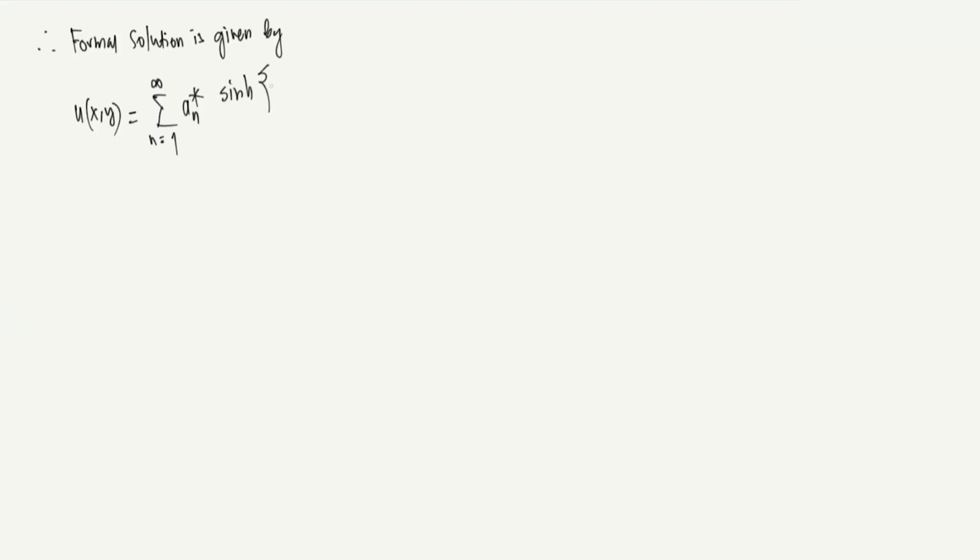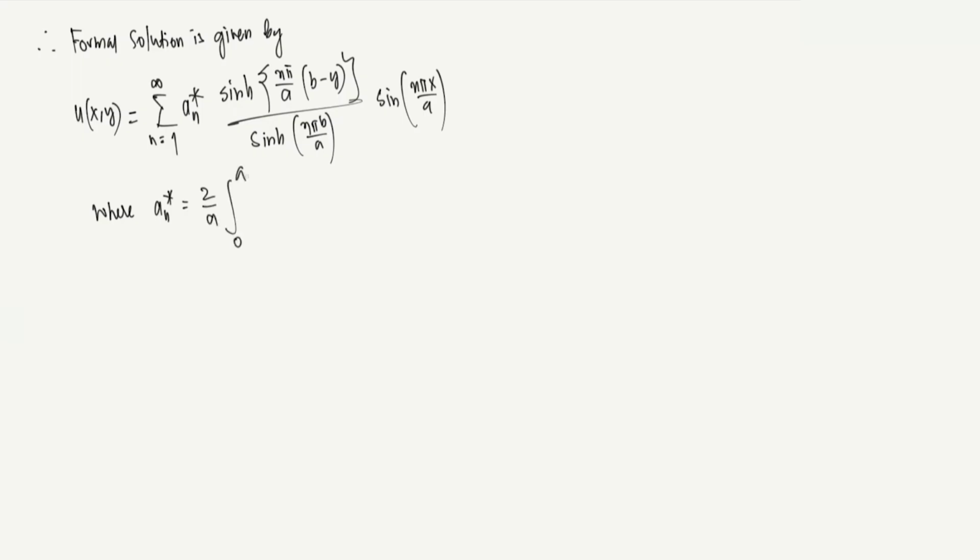I will just put everything together, n pi by a and then b minus y, and then divided by sine hyperbolic of n pi b by a, and then sine of n pi x by a. Clear? Where a_n star is this constant part. It is 2 by a, integral 0 to a of f of x sine of n pi x by a dx. I hope this is clear.